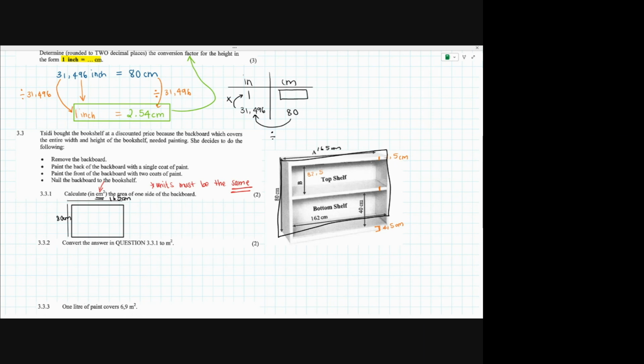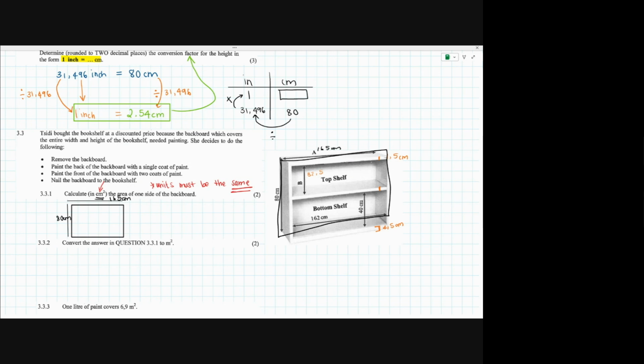So because this question has asked me for centimeters squared, I would want to make sure that all of my measurements are in centimeters, because if you try and times meters by centimeters or kilometers by meters, you're not actually getting anything meaningful. The units must be the same in order for us to get an answer that means something.